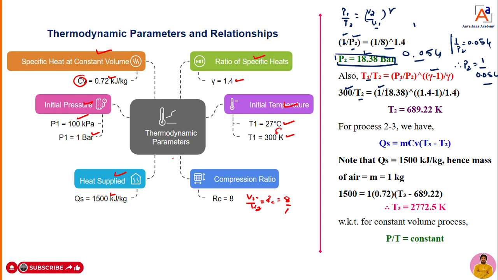P1 we know already, P2 we have calculated, and gamma you know. Substitute, simplify and calculate, and you are going to get the value of T2 as 689.22 Kelvin.